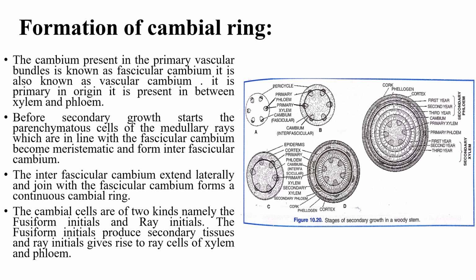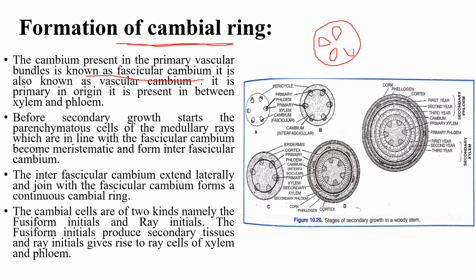First of all, step 1, formation of cambial ring. The cambium present in the primary vascular bundle is known as fascicular cambium. What is fascicular cambium? See, this is a vascular bundle. I have already told you in my previous classes that vascular bundles are present in the stem.